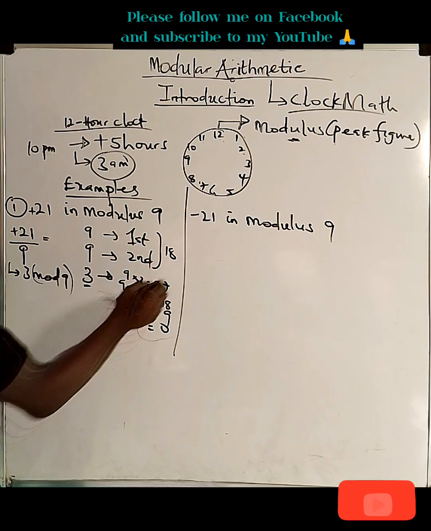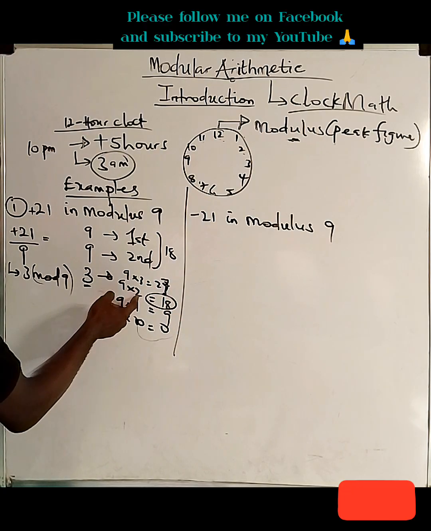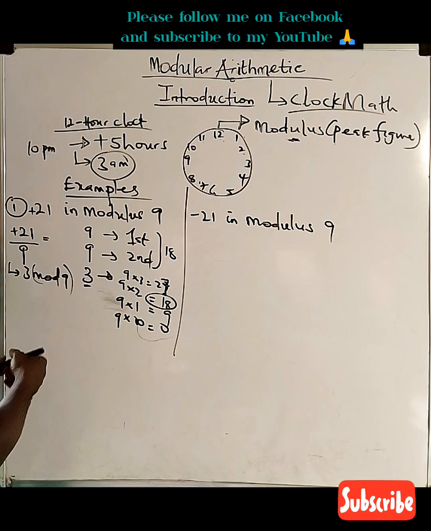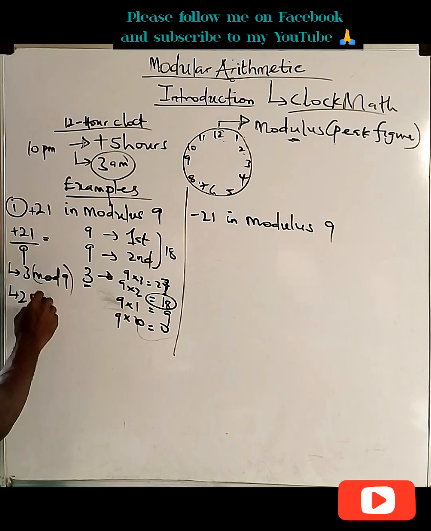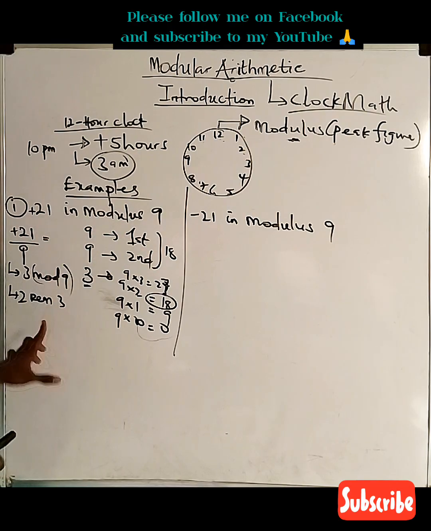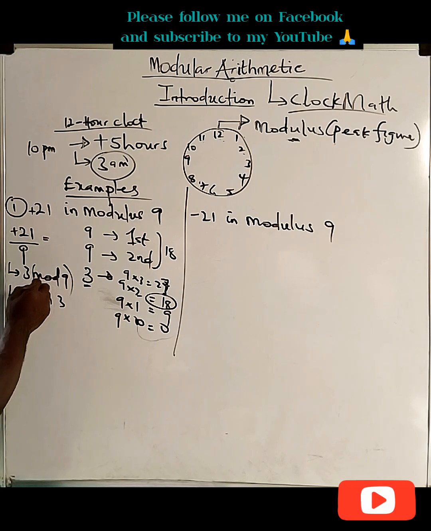What we are looking for is 21. So our answer is 18. So how many 9s do we have in 21? It is 2 remainder 3. So what's that? 3 modulo 9. So that's that for the positive result. 3 modulo 9, as simple as that.